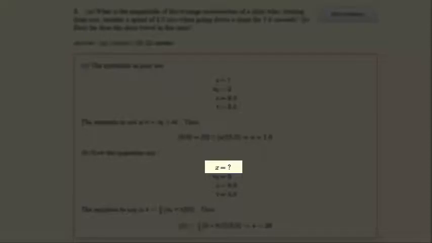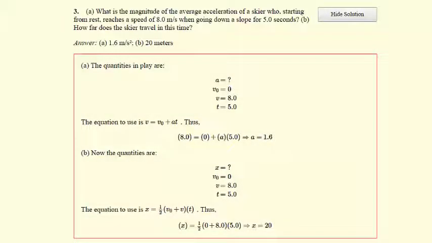Now I collect my data, and there's no point in reading it again because it's sitting over there. v0 is 0, v equals 8, t equals 5.0. Given this set, only one of these equations is going to work. The quick way is to say, what am I missing? I'm missing the a, which means I can't use that.